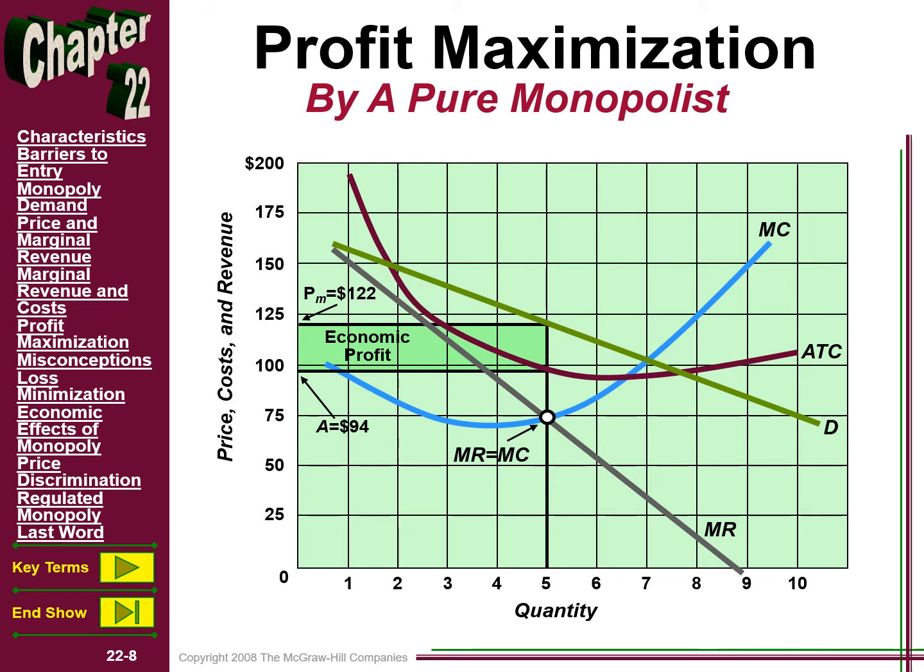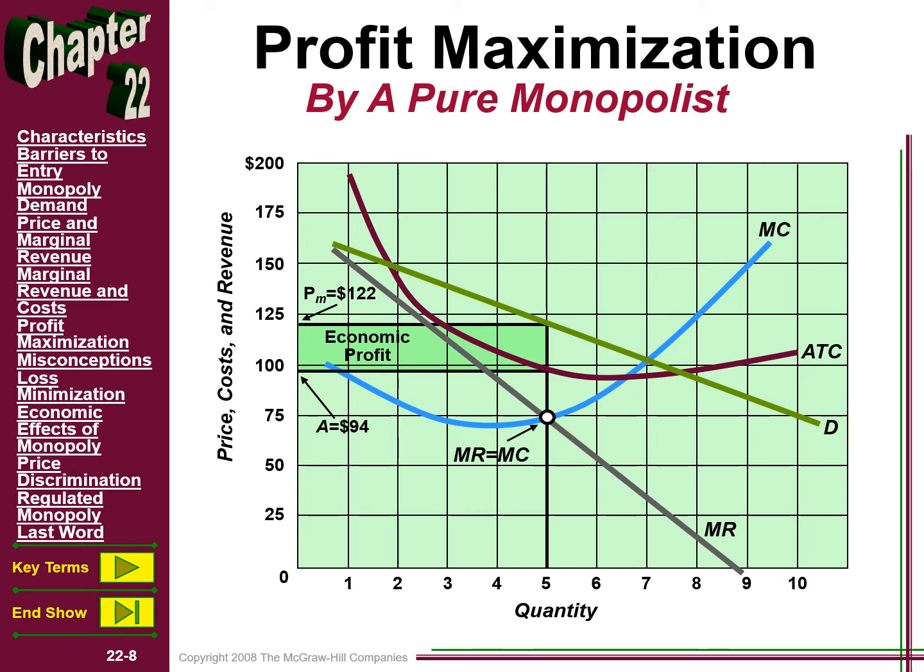They're charging a price of 122. So total revenue would be 5 times 122. Right? Total cost would be 5 times 94. Right? We look at the lime green rectangle. That represents economic profit for the monopolist.